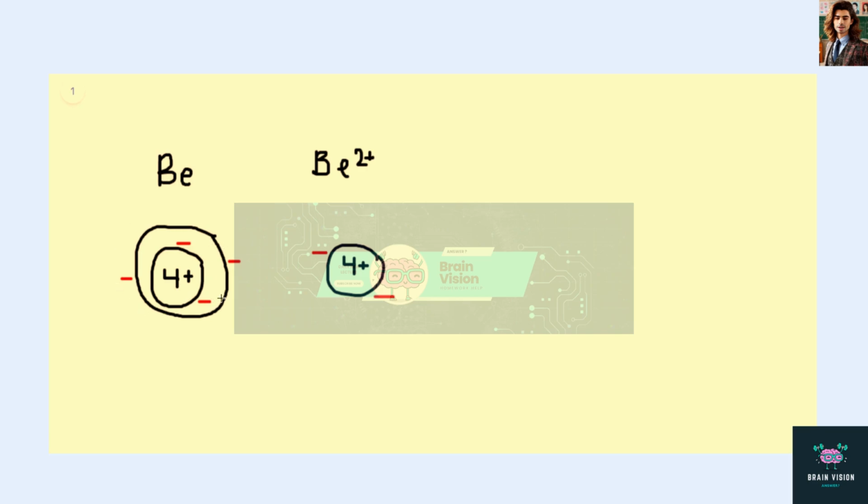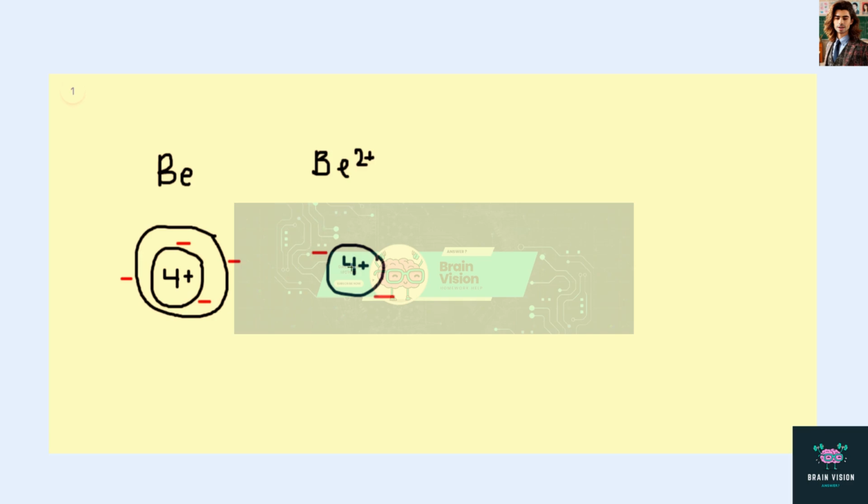So if we want to consider the size, the atomic radius of this atom, for a neutral atom, the outer electrons are shielded by the core electrons, the inner electrons. And so there is an extent of repulsion between these electrons, and it therefore cannot feel this positive nuclear charge. However, these inner electrons here are not shielded.